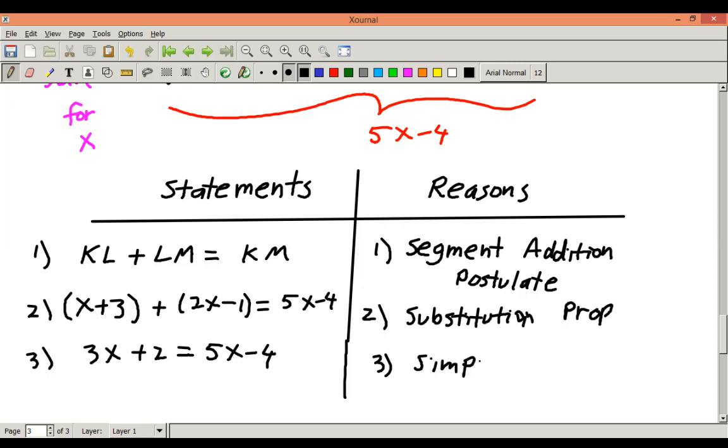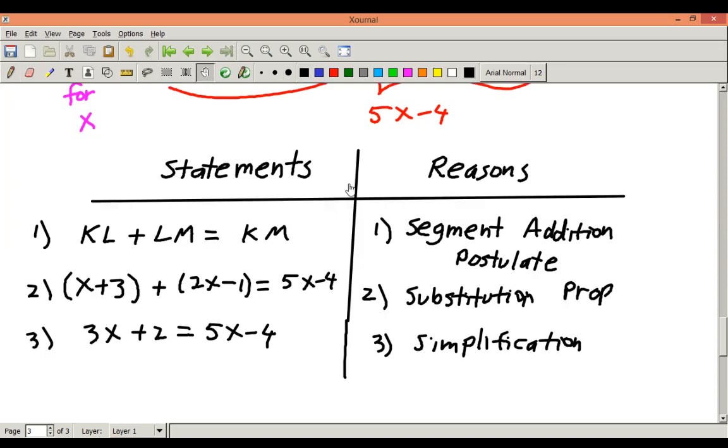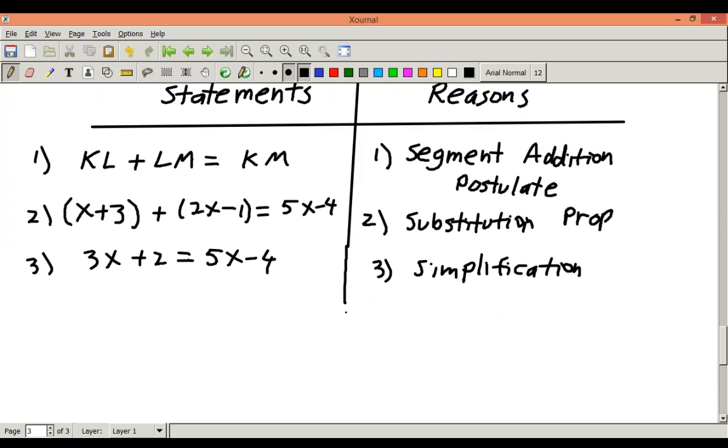Or like terms or something like that. Okay, what's my 4th statement? I'm going to subtract 3x from each side, so that'll give us 2 equals 2x minus 4. So what did I do? I subtracted, so it's a subtraction property.